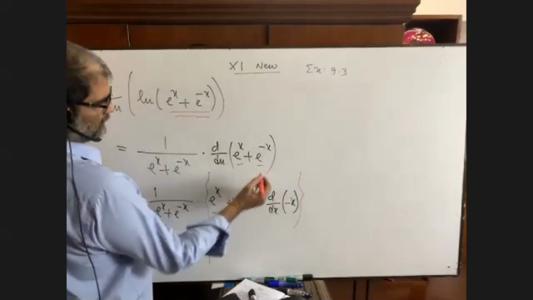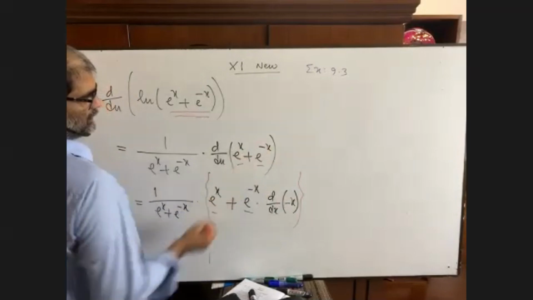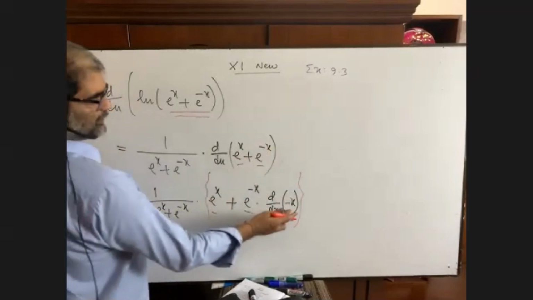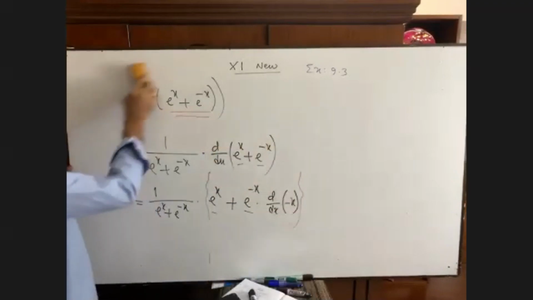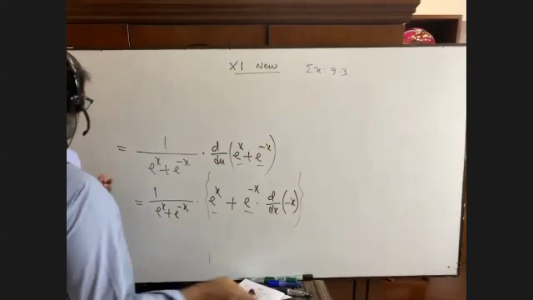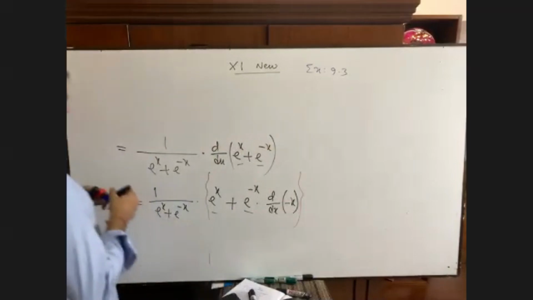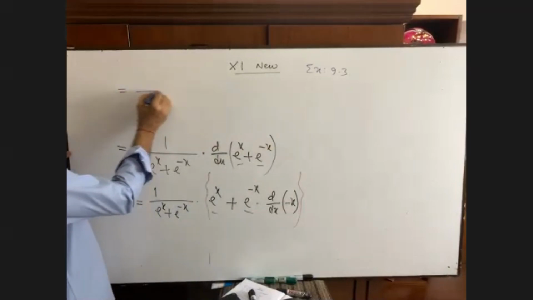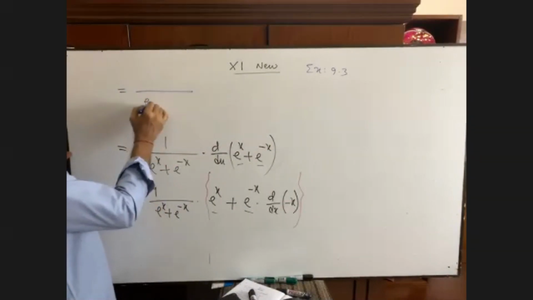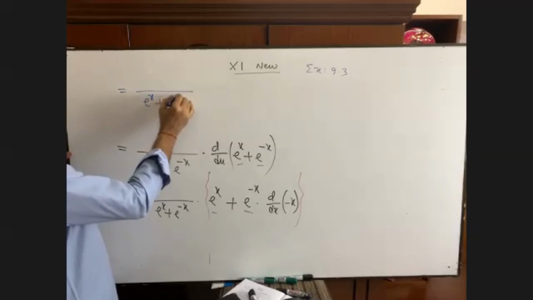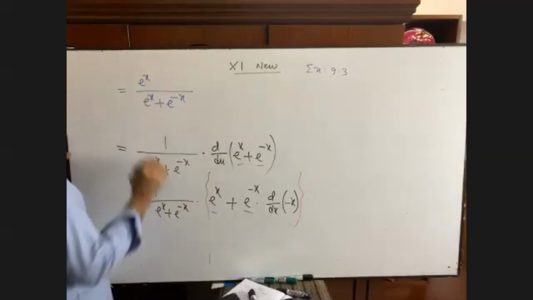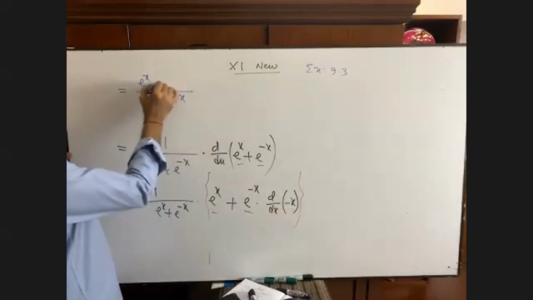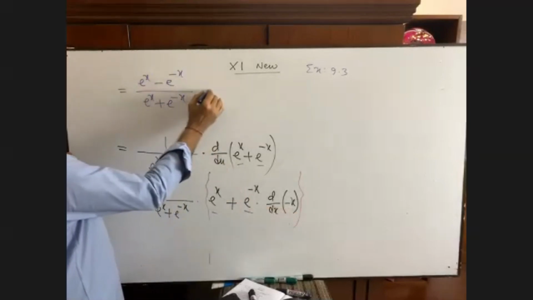It is e to the power x. What is the derivative of e to the power minus x? It is e to the power minus x, but the exponent minus x is not only x, so it is to be differentiated again, and that gives minus 1. So the numerator is e to the power x minus e to the power minus x, over e to the power x plus e to the power minus x.